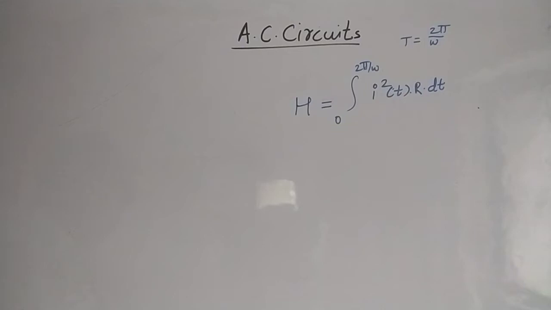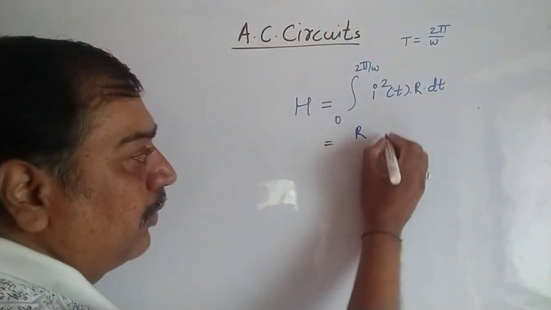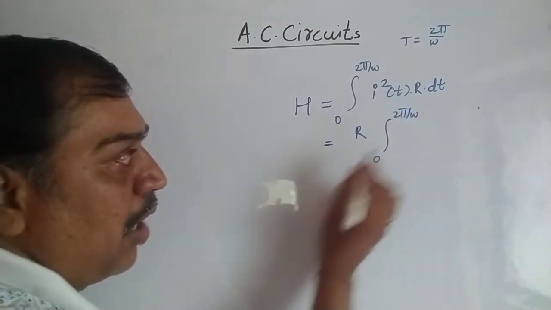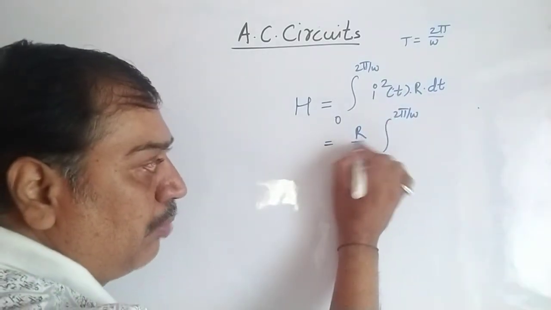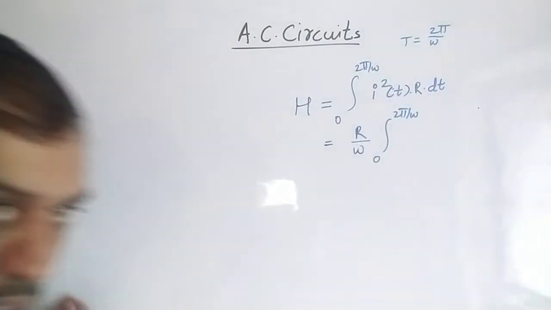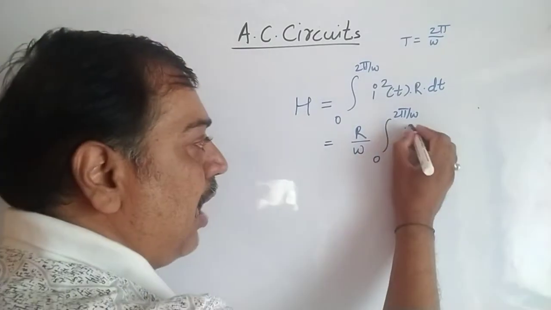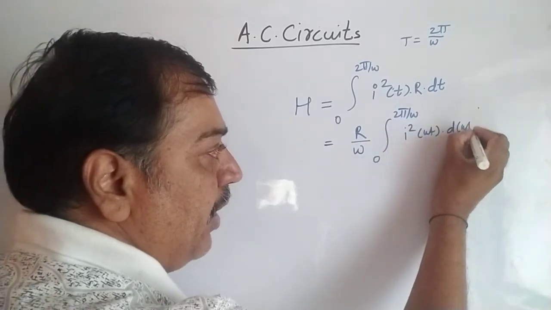Now we have to solve this. Taking R outside, we have R times the integration from 0 to 2 pi by omega. Now I want to make this t an omega t, so multiply and divide by omega. Inside we have I square omega t into d omega t.